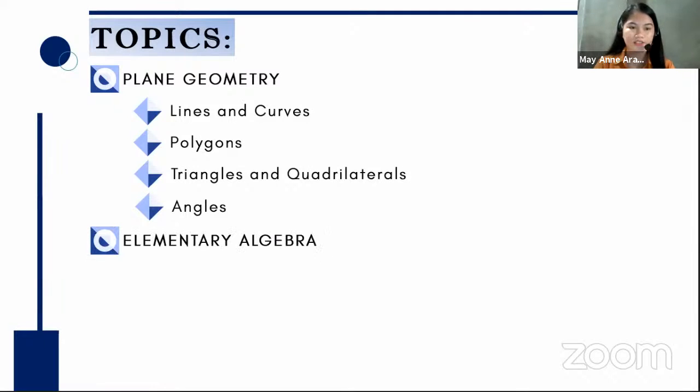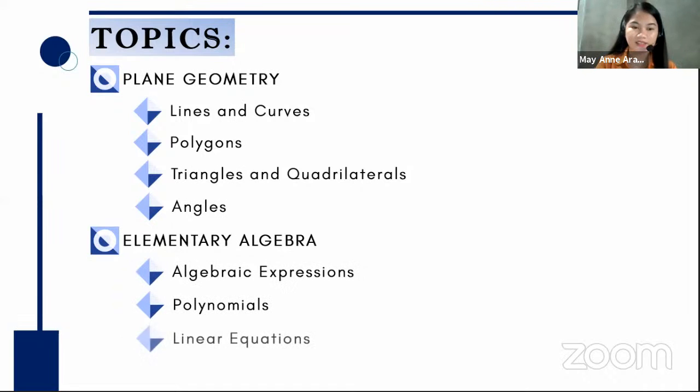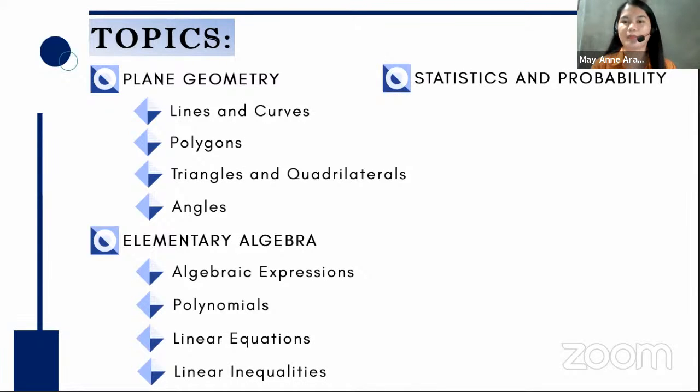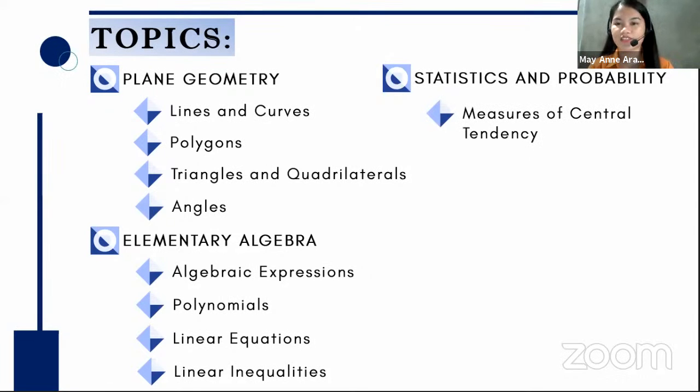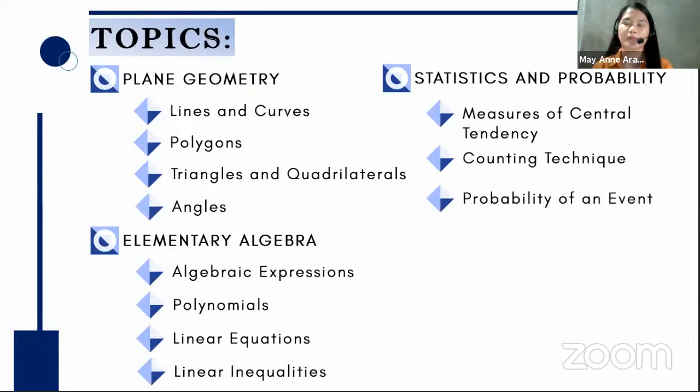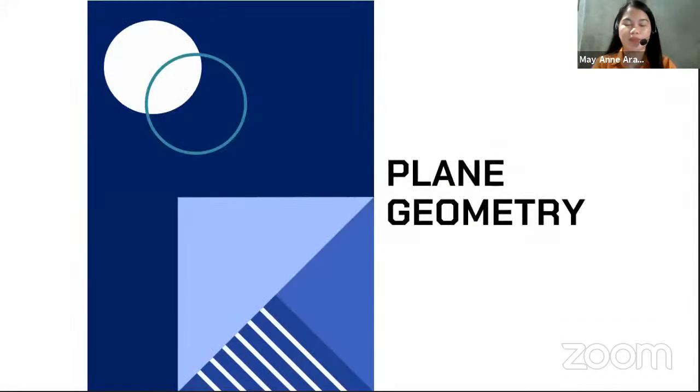Also, we will discuss some important topics under elementary algebra, which are algebraic expressions, polynomials, linear equations, and linear inequalities. Last, we have statistics and probability, under which we will have the measures of central tendency, the counting techniques, and last, the probability of an event.